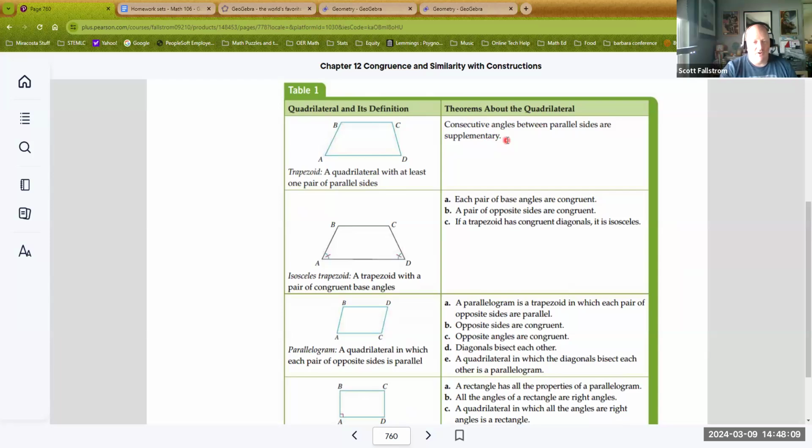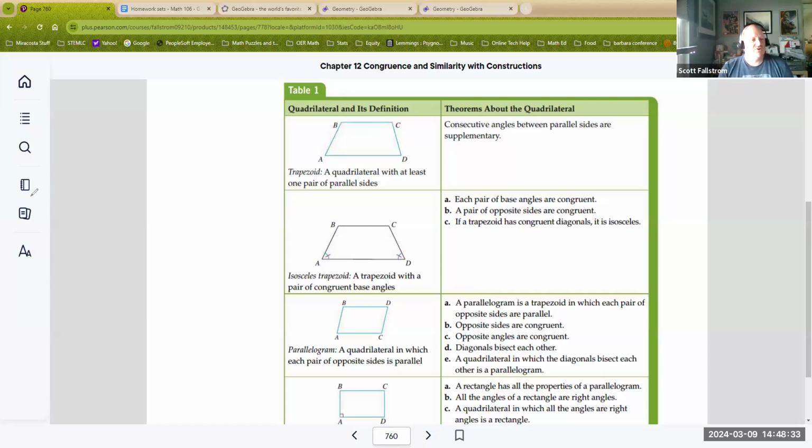If the parallel sides are here and here, and I'm asking you to show that this angle plus the angle below add up to 180 degrees, we've already done that in chapter 11, on our way to proving the sum of a triangle's angles is 180 degrees.